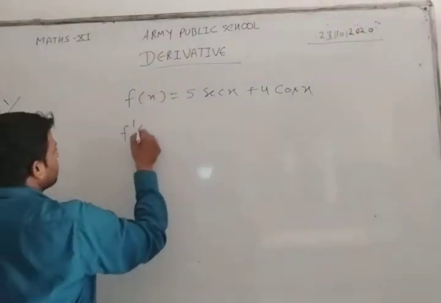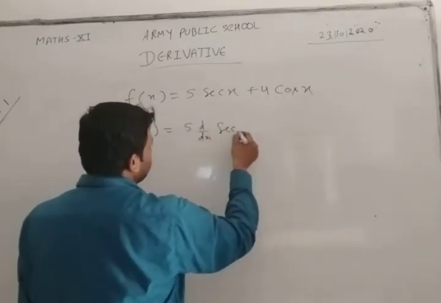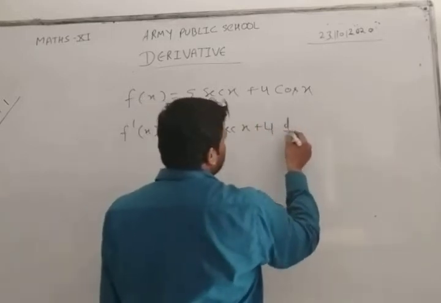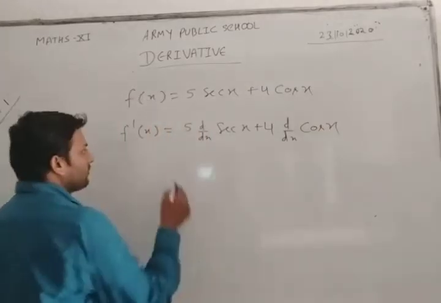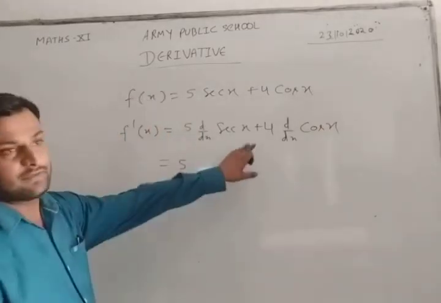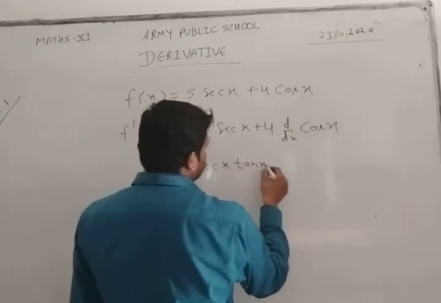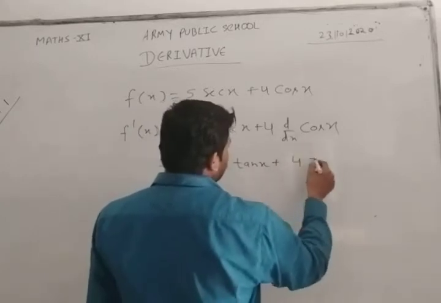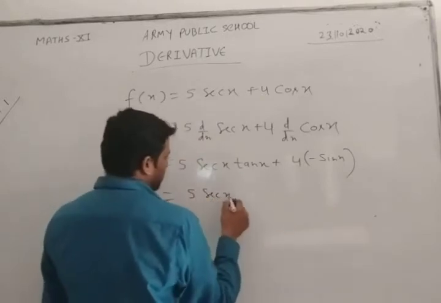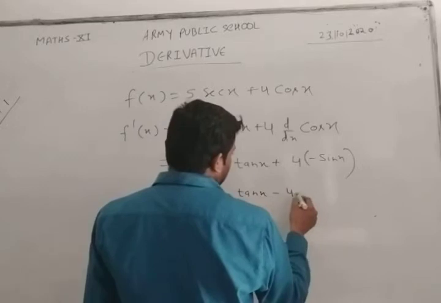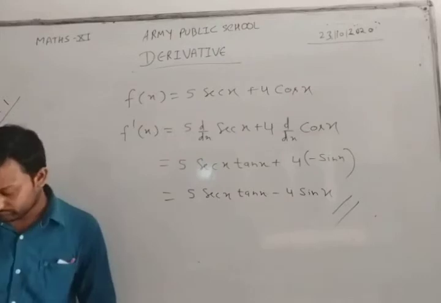Now the derivative of this function is 5 times differentiation of sec x plus 4 times differentiation of cos x. Differentiation of sec x is sec x tan x, and of cos x is minus sin x. So 5 sec x tan x minus 4 sin x will be your answer.